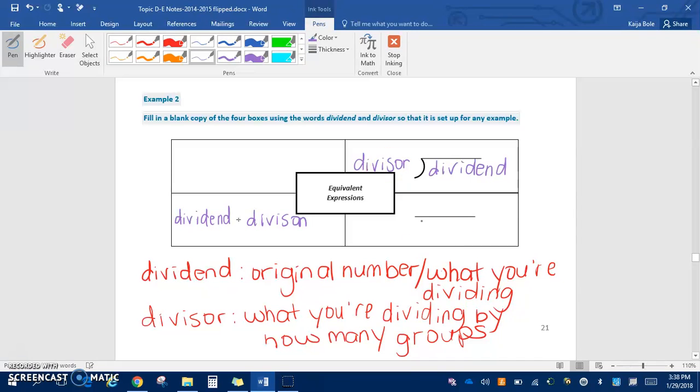And if we put it in fraction form, it's always dividend over the divisor. And then if we were to write it in words, it would be the quotient of the dividend and the divisor.